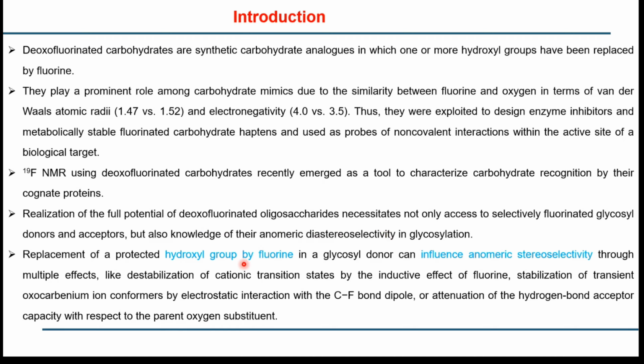Because by replacing the hydroxy group by fluorine, it will affect the anomeric stereoselectivity by multiple effects, like the destabilization of the cationic transition state by the inductive effect of the fluorine, stabilization of the transient oxocarbenium ion by conformation and electrostatic interactions with the CF bond dipole, and also attenuation of the hydrogen bond acceptor capability with respect to the parent oxygen substituent.